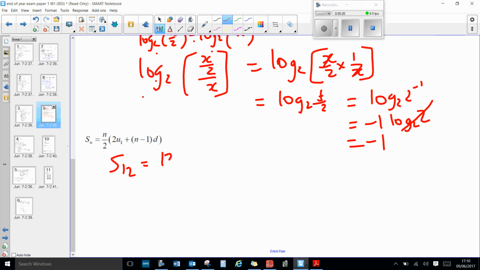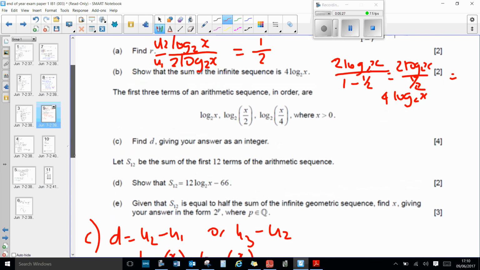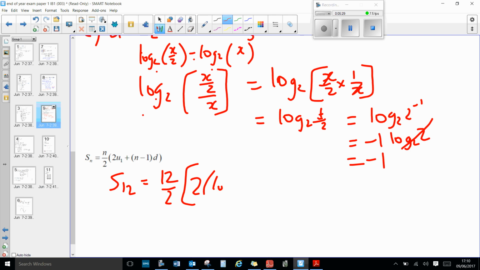S12 is 12 over 2 brackets 2 lots of log base 2 of x plus 11.